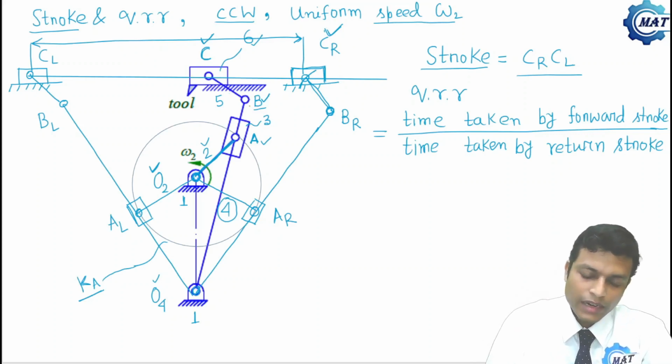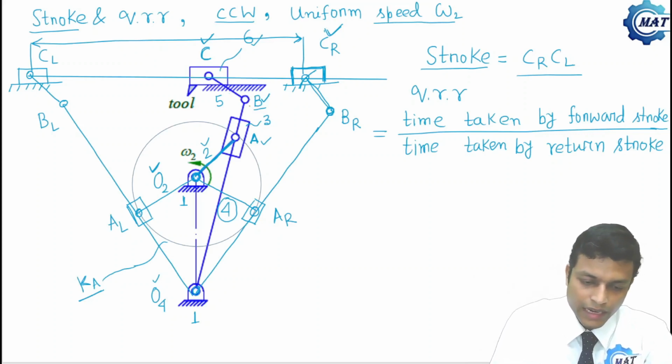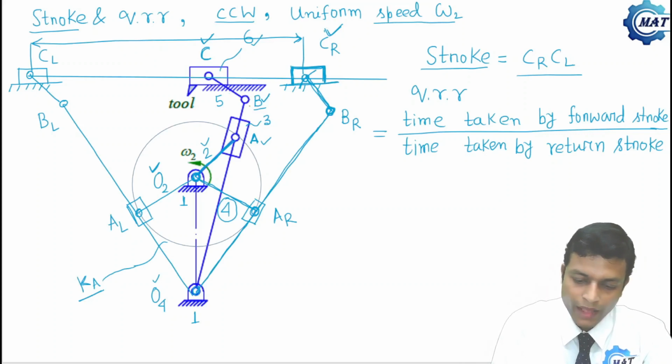Now let us start from the extreme right position of C, that is CR. At this instant, my mechanism is here. O2AR is the crank. This is link number 4, O4BR. Then BRCR is link number 5 and this slider is link number 6.